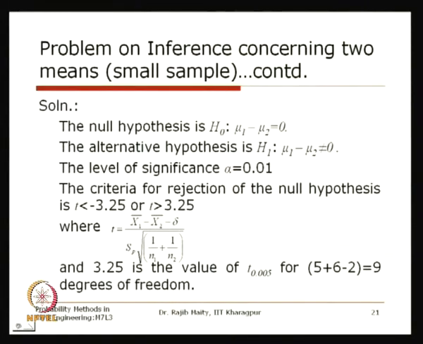The statistic that we know is x1 bar minus x2 bar minus delta, divided by Sp times the square root of 1 by n1 plus 1 by n2. Here x1 bar is the sample mean for the first sample and x2 bar is the sample mean for the second sample, which we can get from the data we have. And Sp, the pooled standard deviation, we should also calculate as discussed so far.